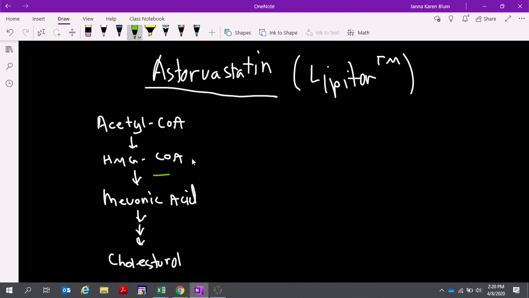An enzyme is a biological catalyst that is used to facilitate this reaction. So basically, it's a helper molecule that will help this reaction from HMG-CoA go to mevalonic acid.